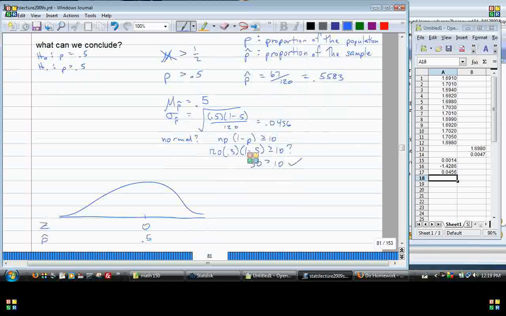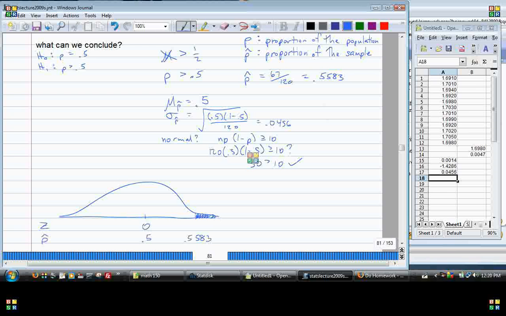What other value do we mark off? 0.5583, right? And then what do we do? Shade where? Shade to the right. How come to the right? Because this is a greater than question. Okay.